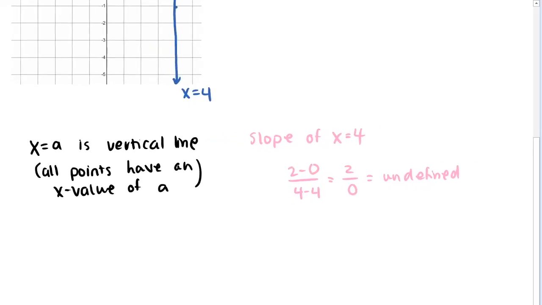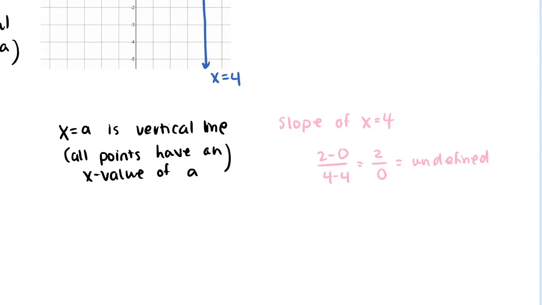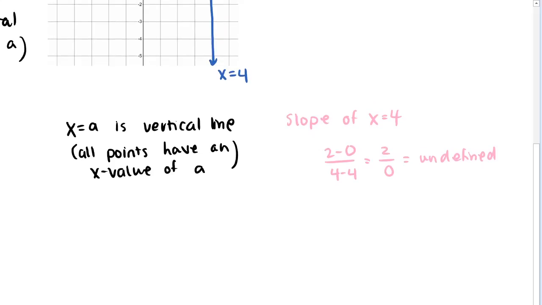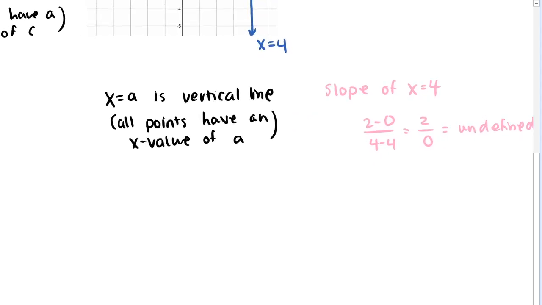Another thing we can notice is that this can't be written in function notation. This isn't a function. It fails the vertical line test. If I tried to write this out as f of x is equal to mx plus b, we don't even have a slope to write. We don't have a vertical intercept unless this line passes through the vertical axis.